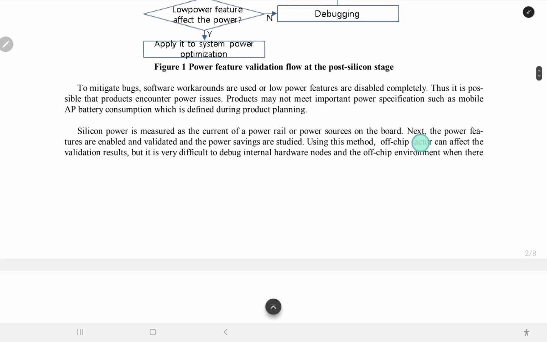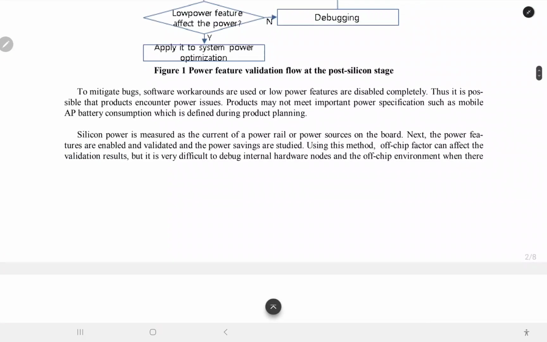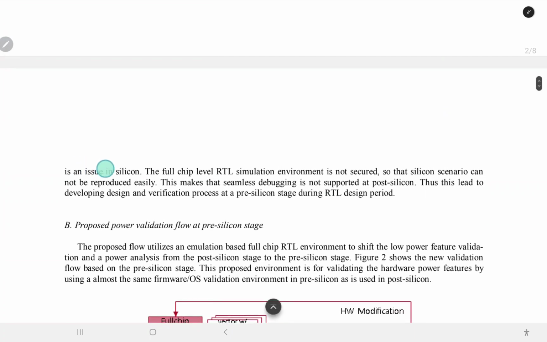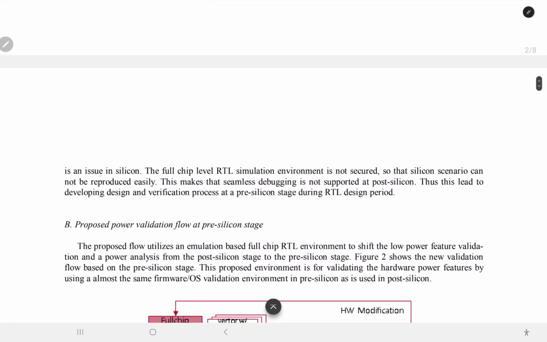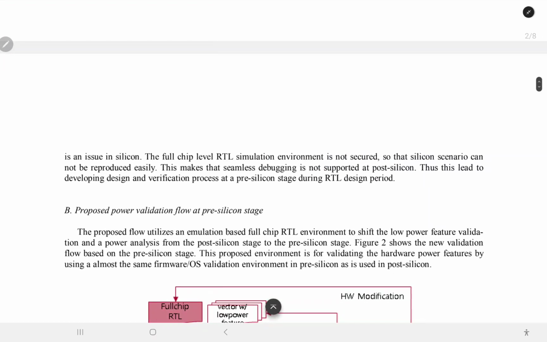Using this method, the off-chip factor can affect the validation result, and it is difficult to debug internal hardware modes or the off-chip environment when there is an issue in silicon. The full chip level RTL simulation environment is not secured, so the silicon scenario cannot be reproduced easily.